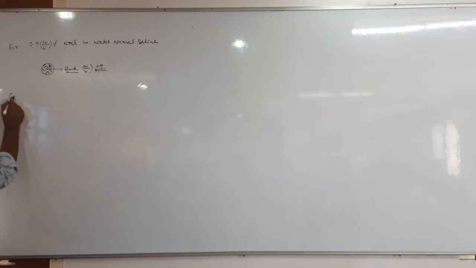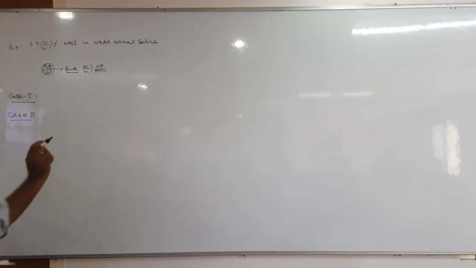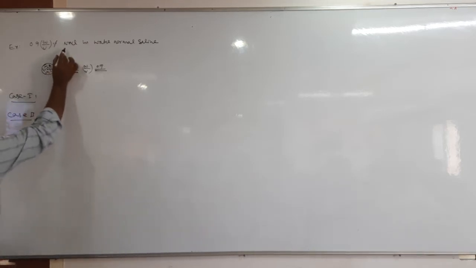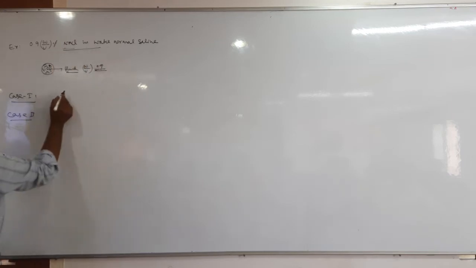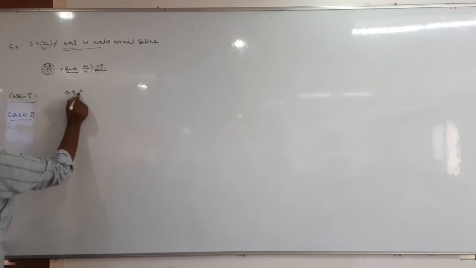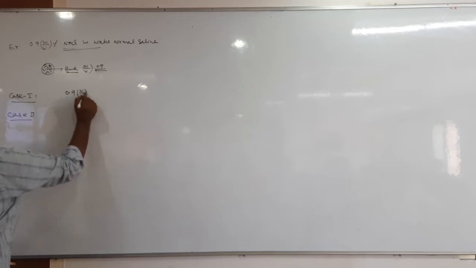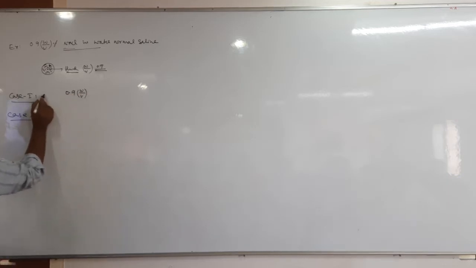Suppose there are case 1 and case 2. Let's see case 1 first. Suppose the concentration of sodium chloride in water is greater than 0.9 W by V, then it is called what?